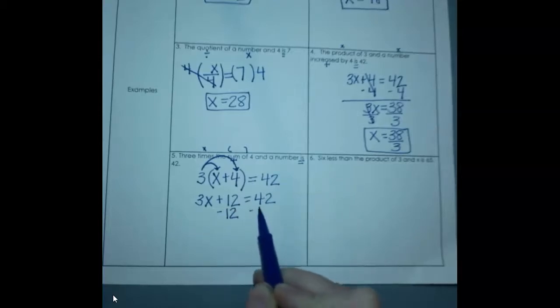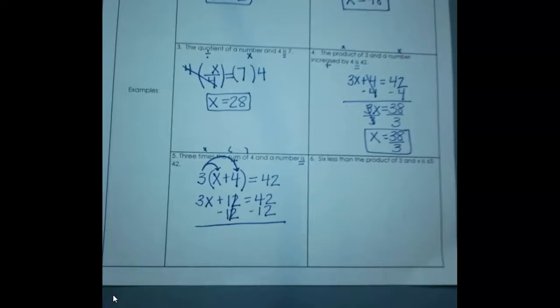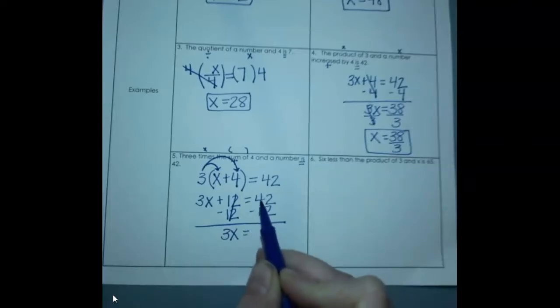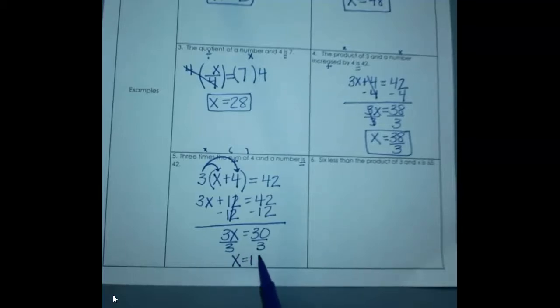Minus 12, minus 12. Okay, 12 minus 12 cancels to 0. It's gone on the left, but it got put to the right. So we're left with 3x equals 42 minus 12, which is 30. This is 3 times x, so we're going to divide by 3 on each side, and I get x equals 10.